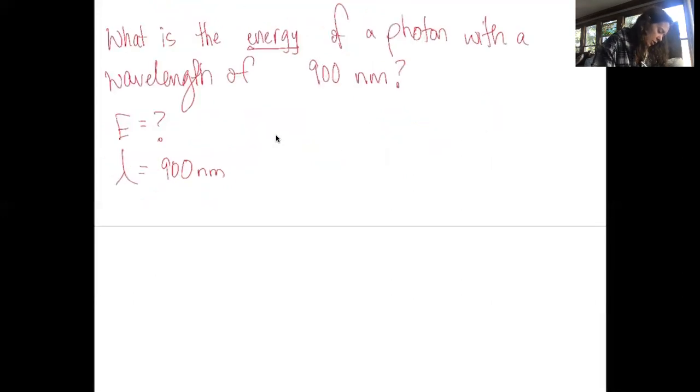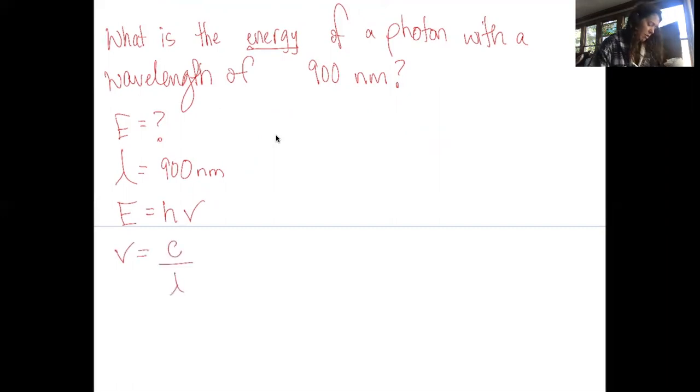I know that energy is equal to Planck's constant times the frequency, and I know that frequency equals speed divided by the wavelength. So I'm going to have to do this first. I'm going to first have to find my frequency so that I can then find my energy. Okay, so that's last.